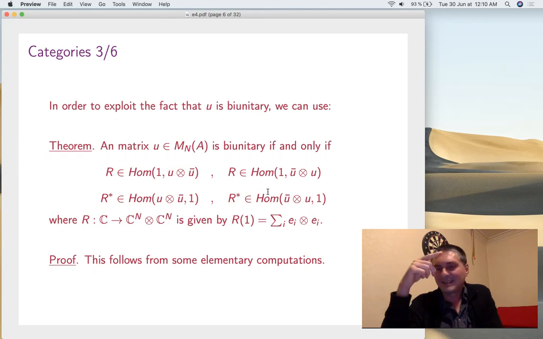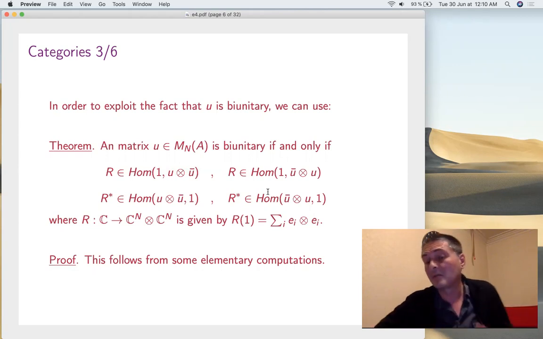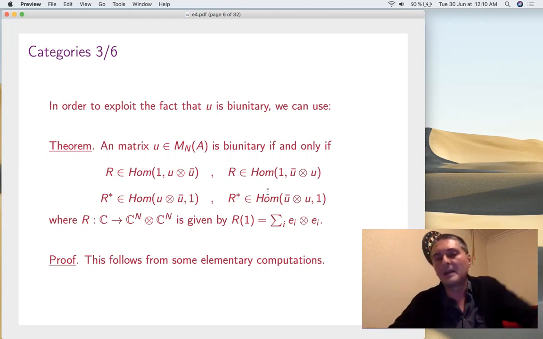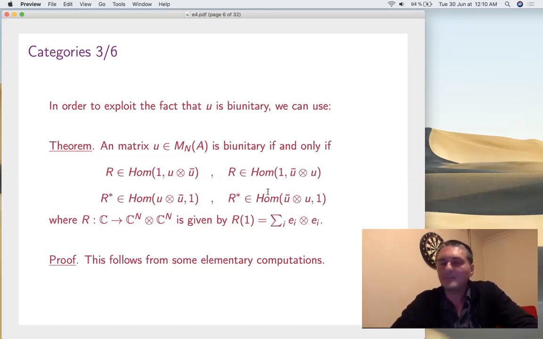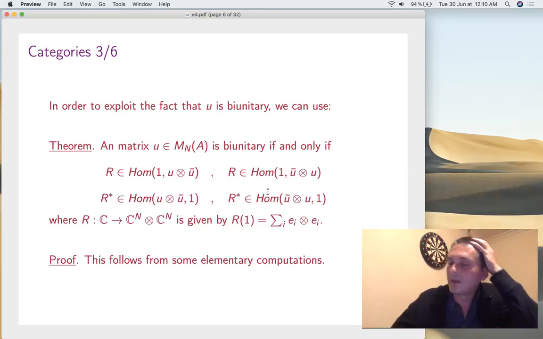So, okay, you see, that's what is meant by this theorem. An abstract matrix of an abstract C-star algebra is biunitary if and only if these 4 relations hold in a formal sense. Now, the proof, as I told you, has 4 biunitarity relations. If you look at them, these are exactly these 4 relations.